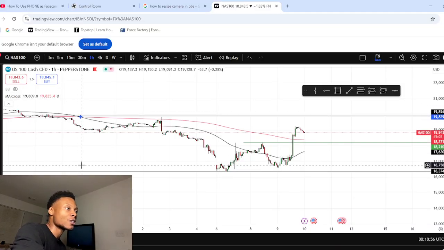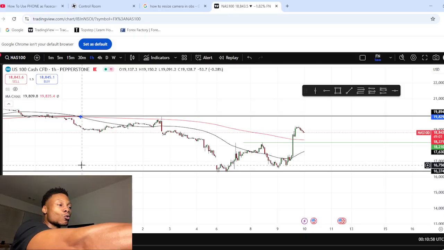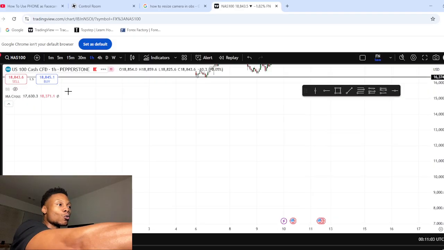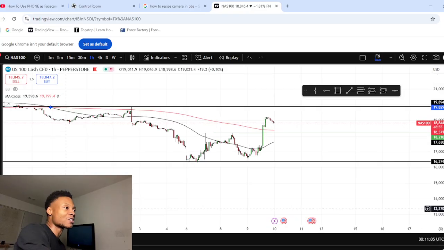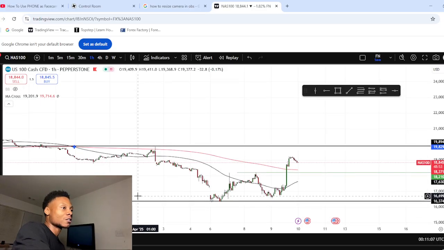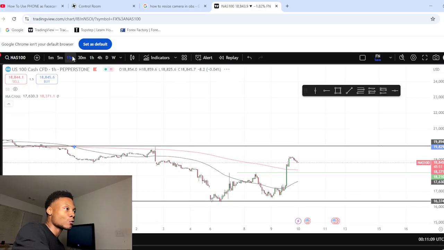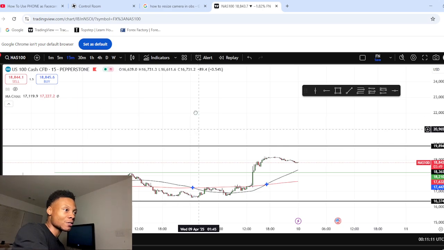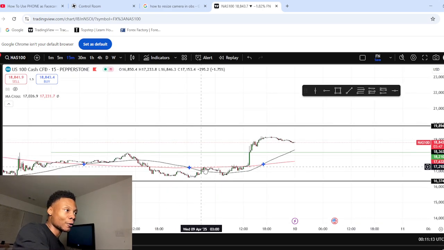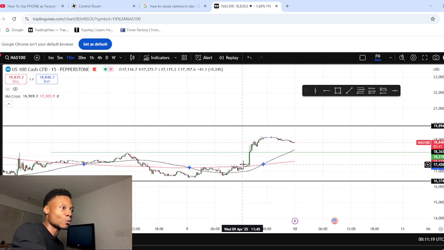I use the moving average cross to show two moving averages that will help me on my entries. I go to smaller time frames for more precise entries for these moving averages. But basically, the same rules apply.